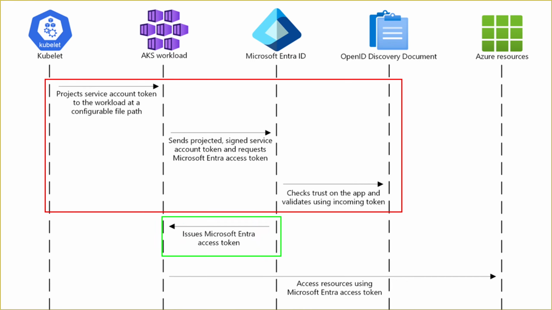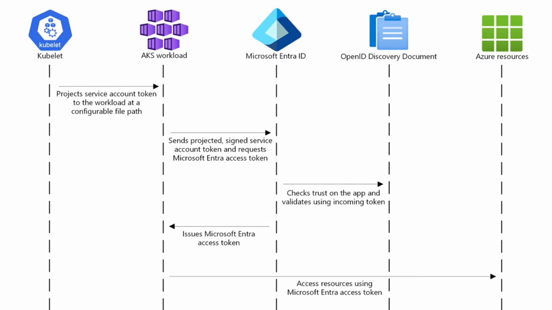And this token has all the permissions this identity has. And with this token, our application can access other Azure services, for example, a database, a key vault, or whatever else it needs. It never needs a password, just sends the token and it gets access.